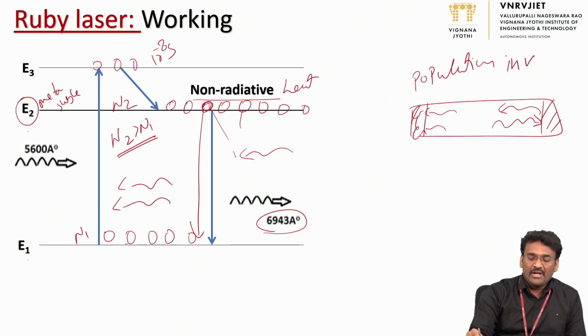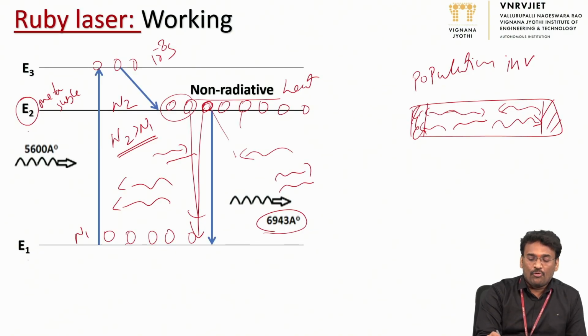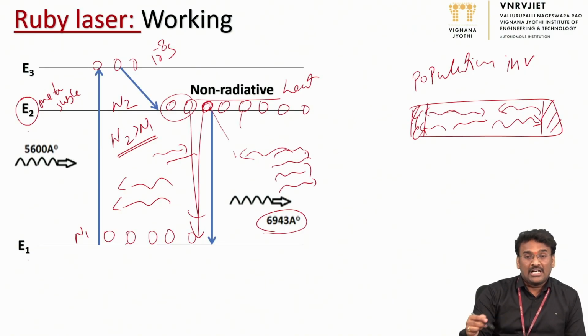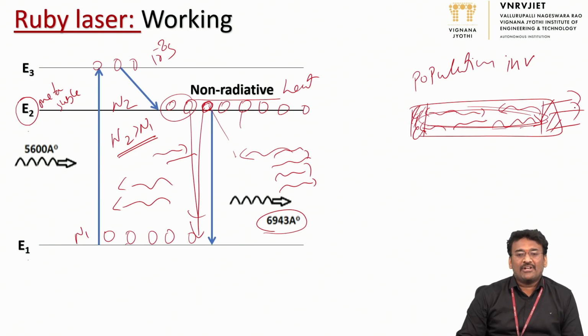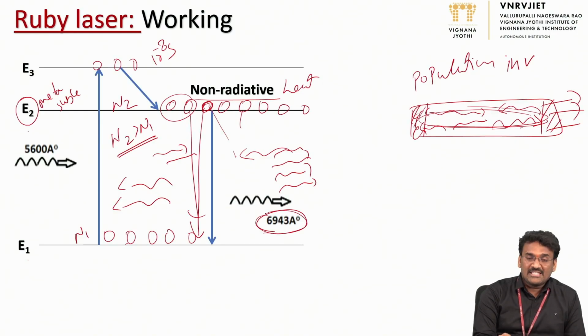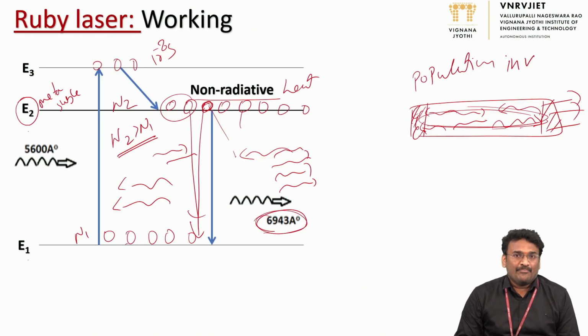These two hit the fully reflecting mirror and come back. While coming back, these two stimulate two more in the excited state and they become four. The stimulated emission continues because of the mirrors. Continuous reflections happen, and after getting sufficient energy, they come out from the partially reflecting mirror, and that is taken as the laser. The output wavelength is 6943 angstroms, which is red color. The output laser color is red.